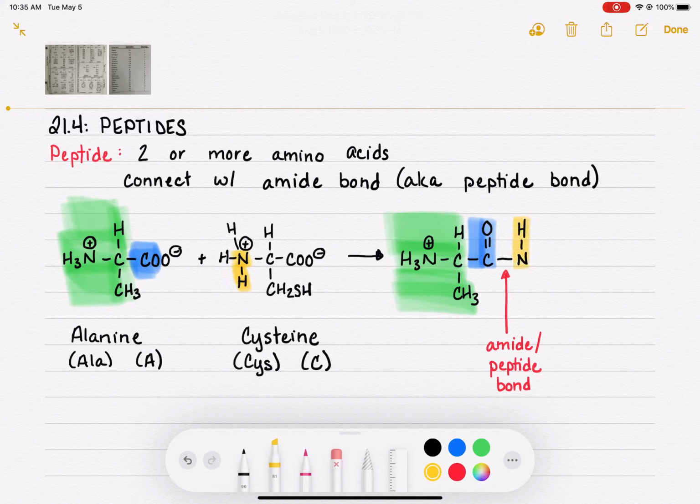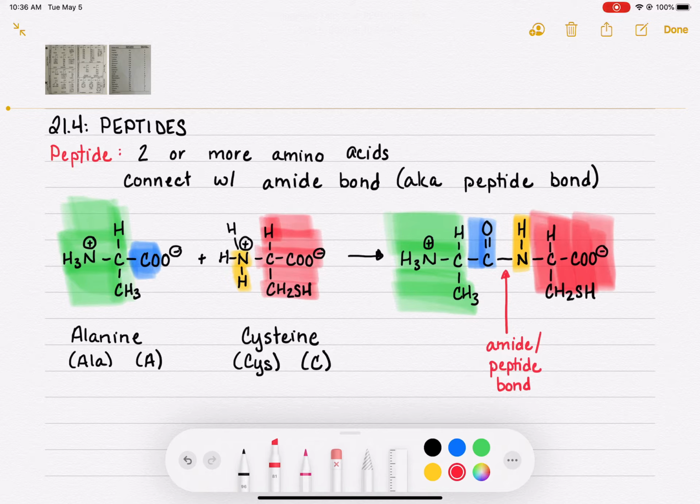We'll get that in yellow. And then the rest of the cysteine molecule, what color do I have left? I have red. The rest of the molecule is going to just be left alone. So it's going to come across into the peptide without any changes to it at all. So there is the rest of that amino acid, totally unchanged, highlighted in red, and there we have it.